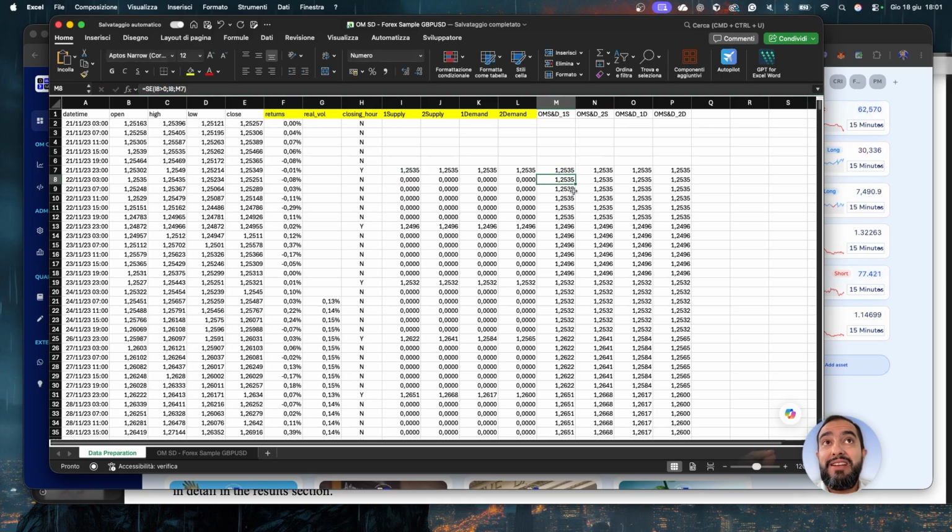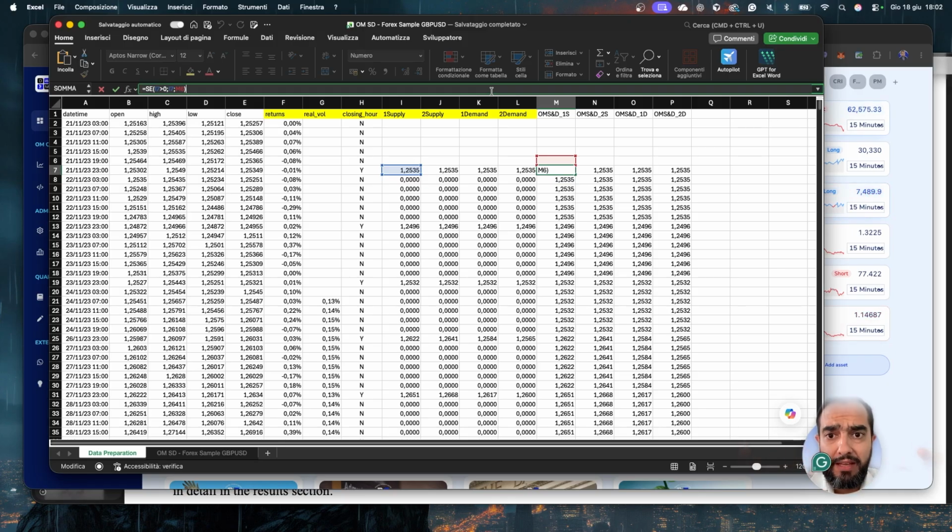Because then what can I do? Here, I would check, is my supply above zero? No, it's not. But I cannot take the zero. I need to take the previous number that I have used when it was yes. So it's a very simple trick, a very simple Excel trick.